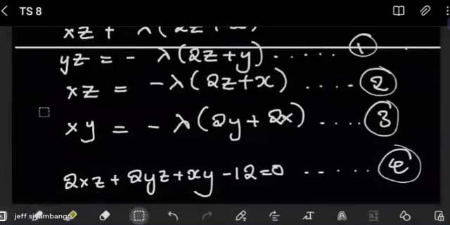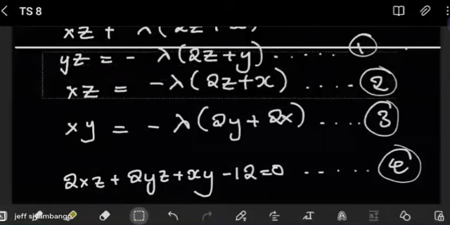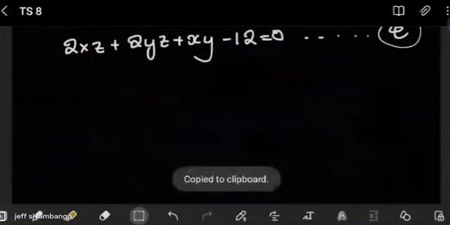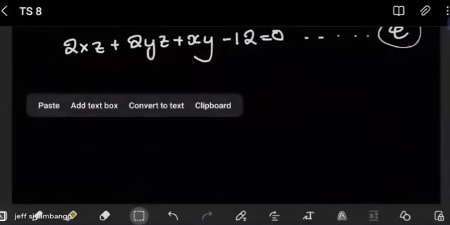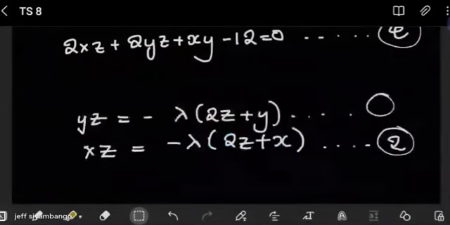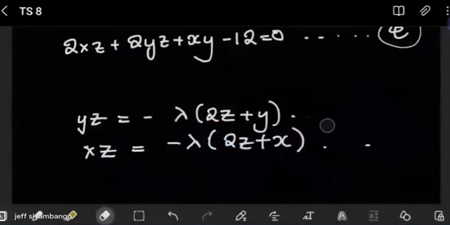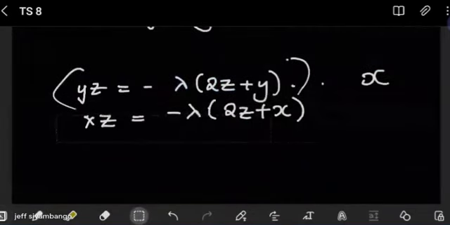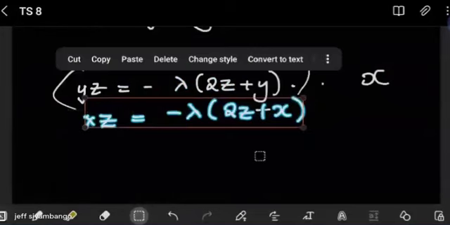So let me get this. I first want to work out these two together, equation 2 and equation 1. I want to combine them. So if I am going to combine 1 and 2, what will I have to do? I'll just multiply 1 by x. So what will happen when I multiply equation 1 by x?